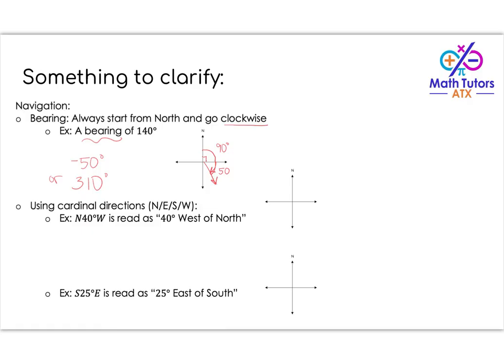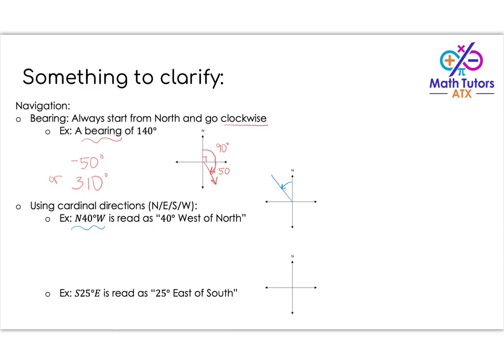Okay, for this one, using your cardinal directions, northeast, southwest, you might see something like this, N40 west. So it just means that it's 40 degrees west of north. So we start at the north and we're going west. Remember, west is going to be towards the left. So we're going to go 40 west. There we go.